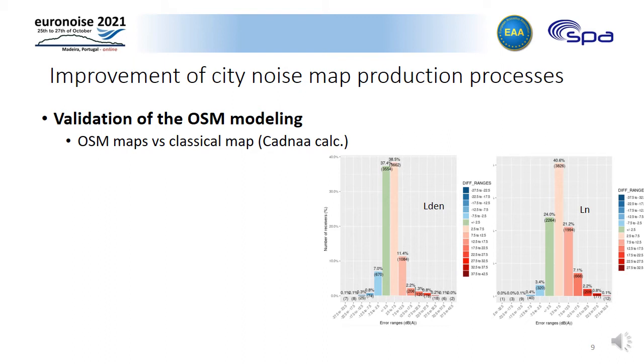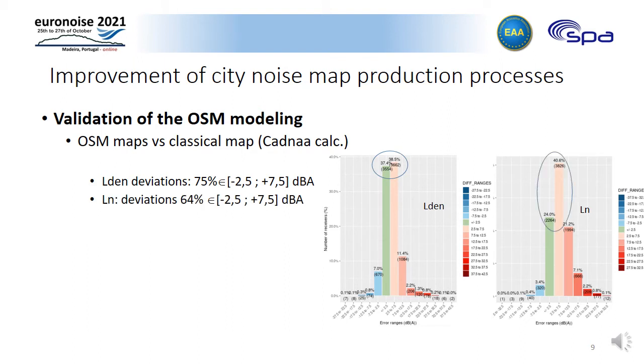Finally, we found that OSM-based noise maps tend here to overestimate sound levels compared with the classical method. About 75% of sound levels deviations between the two methods are between 2.5 and 7.5 dBA for Lden, whereas it is 64% for Lnight.